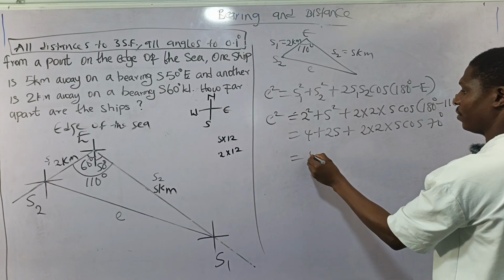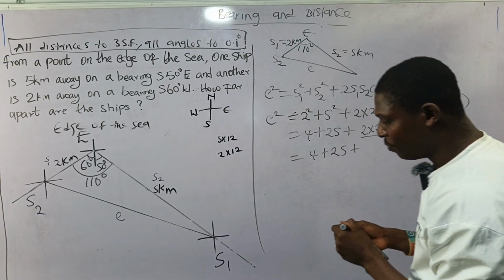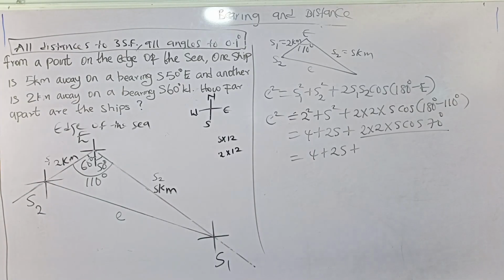And I'll have 4 plus 25 plus, I'll resolve all this as 1 because it has to do with product.